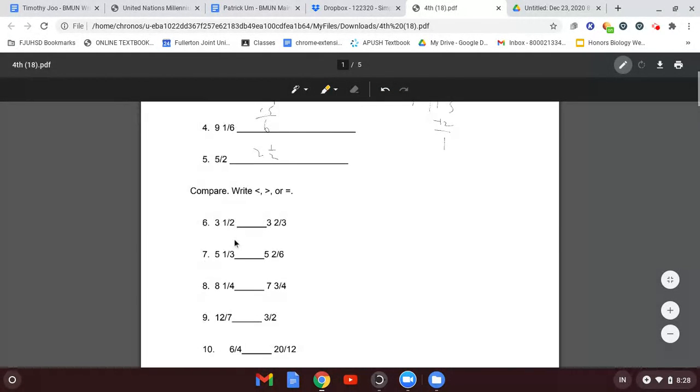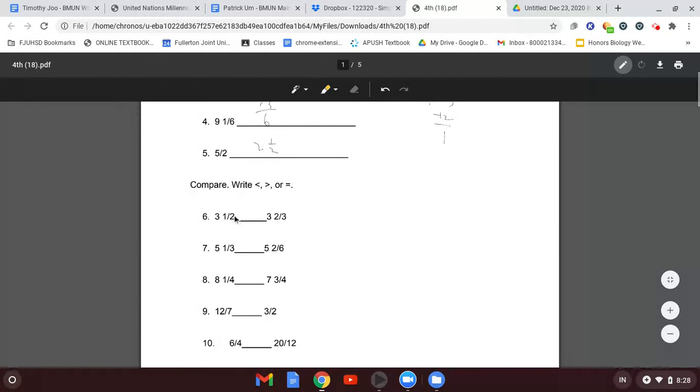Okay, this one's pretty easy because they have the same whole number, so all you need to do is compare the fractions. Or actually, it's not. I think we did this last week too. You have to make the denominators, the numbers on the bottom of the fractions, the same in order to make it fair.